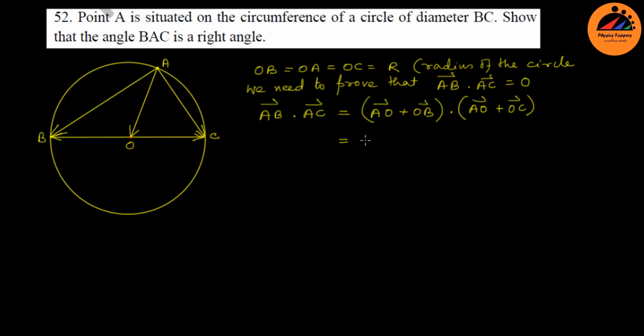Now AO dot AO is AO square, right? Let me explicitly write the terms first. Plus AO dot OC, plus OB dot AO, plus OB dot OC.